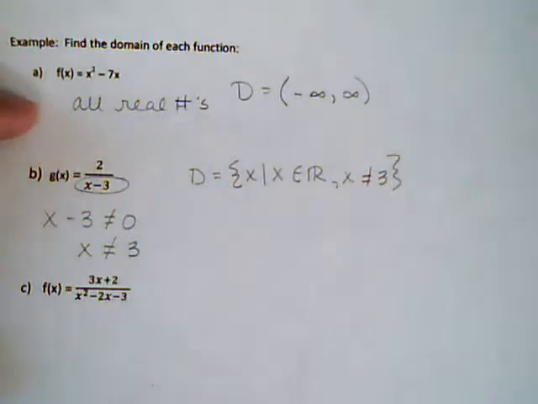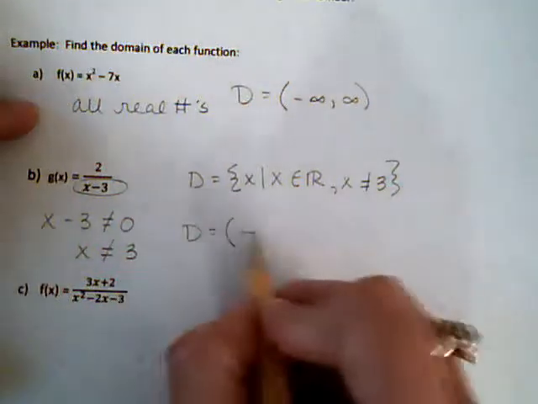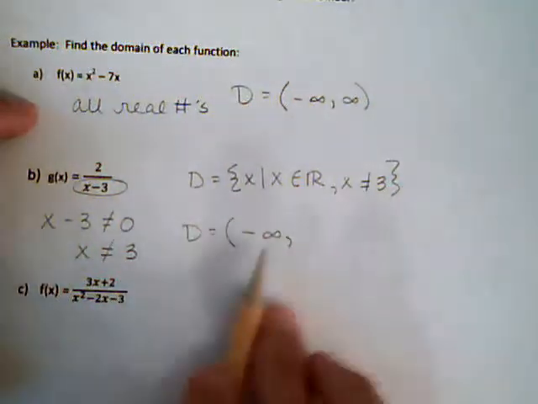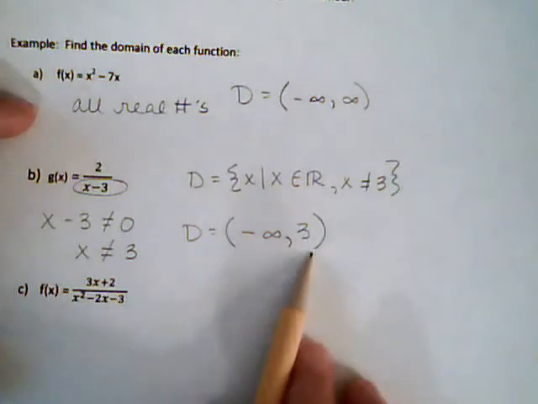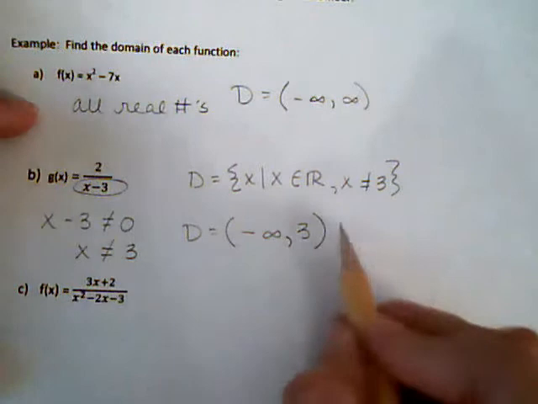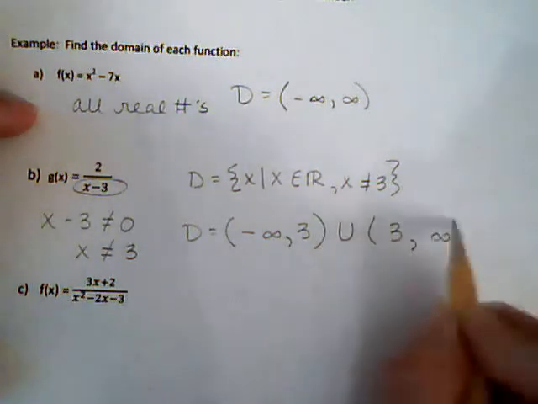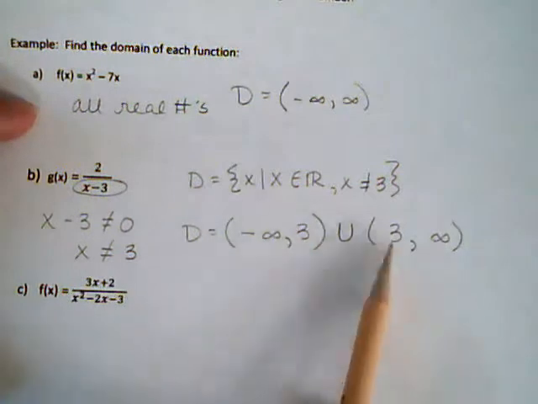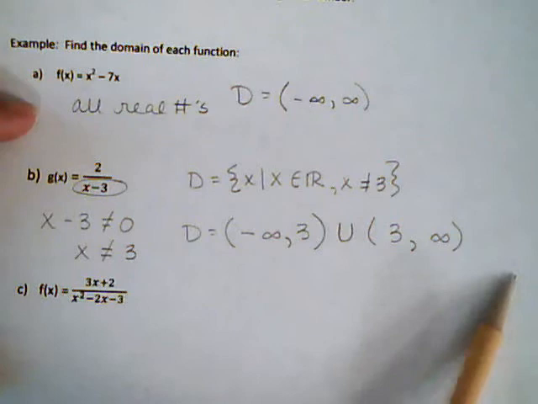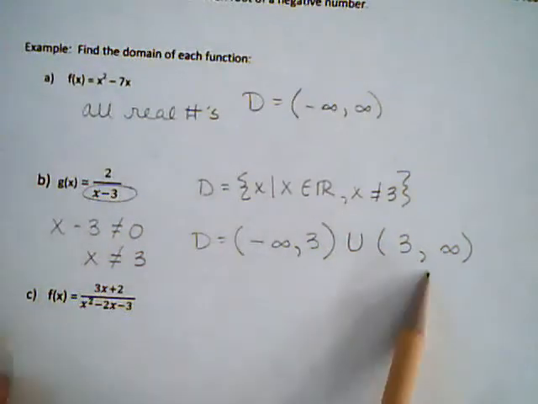As far as interval notation, we would say that x could be anything from negative infinity up to 3, parenthesis to show that it does not include 3, union, parenthesis 3 to positive infinity. This just means it goes up to 3, skips over 3, and then can be anything above 3. And this is how you would write it in interval notation.